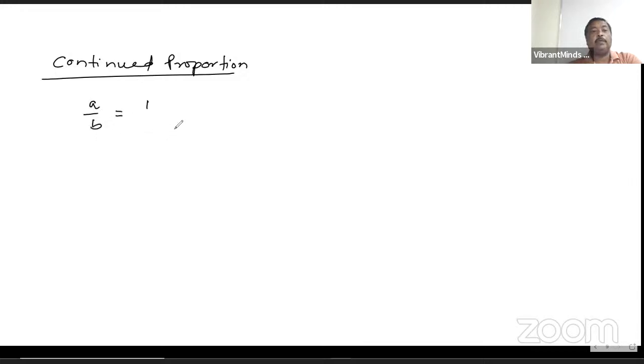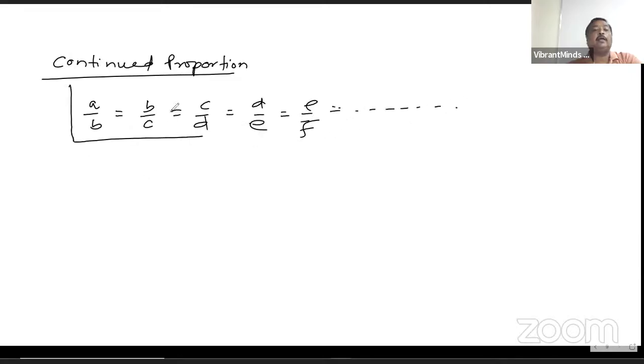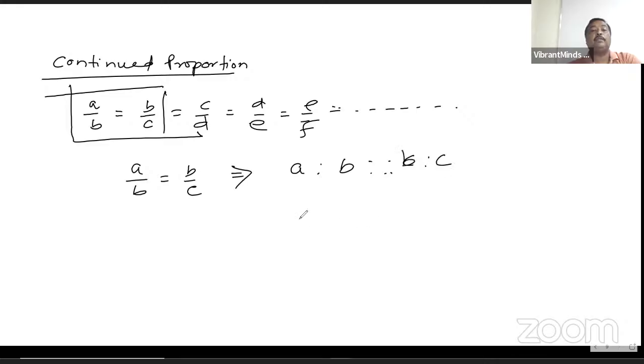Suppose A by B is equal to B by C is equal to C by D is equal to D by E. And if we take a block of it, that is A by B is equal to B by C, this can be written as A is to B as B is to C.